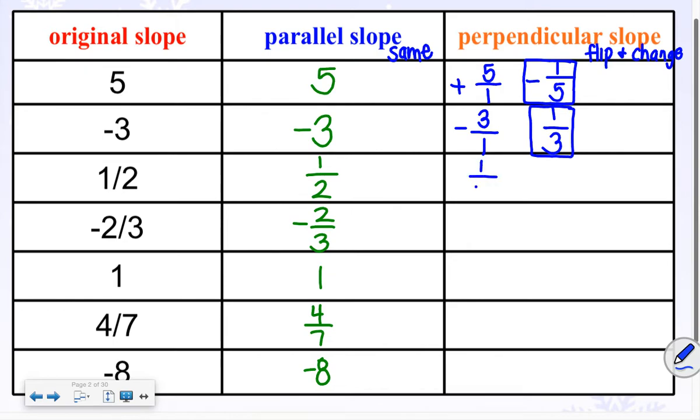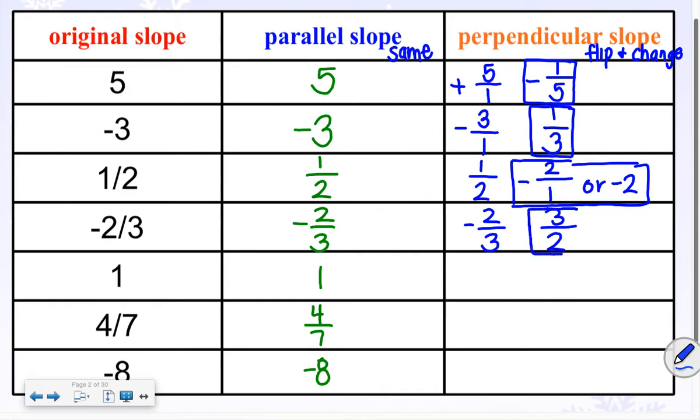1/2, if I flip it, I'd have 2/1. My original is positive, so my new slope has to be -2/1, or you can just write -2. -2/3, flip it, so it's 3/2, and make it positive. 1, well 1 is 1/1 as a fraction, so if I flip it, it's still 1/1, but I have to change my sign to negative.